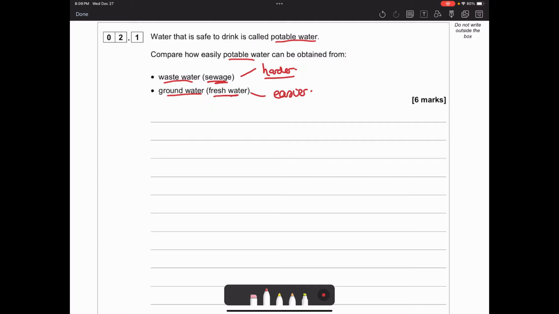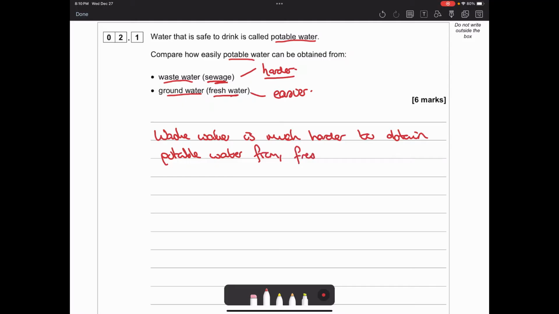So I would say wastewater is much harder to obtain potable water from. Fresh water is easier. So now we need to explain why.